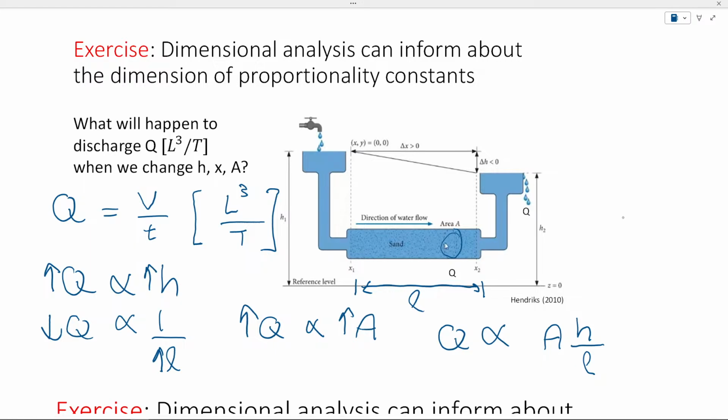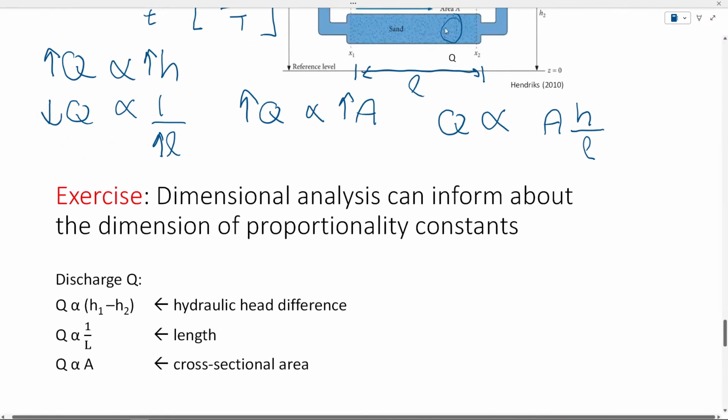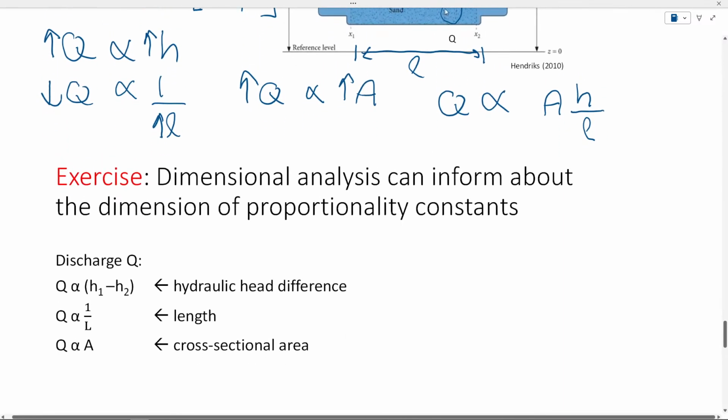Now dimensional analysis could be very helpful, because if we want to remove this proportionality sign and put an equal sign, we can do this.